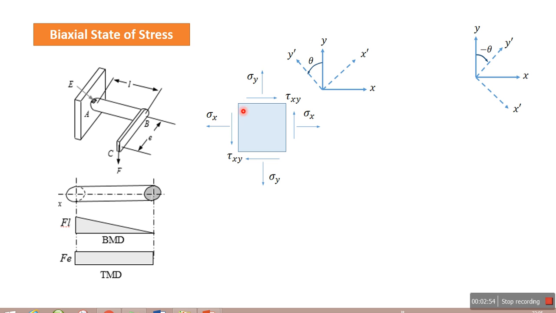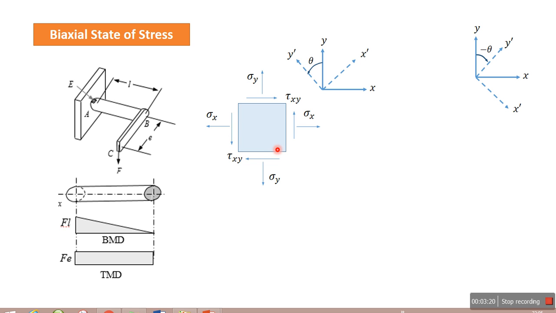So it means there must be a variation in the normal stress within the element, and that normal stress will vary as we move the plane from here to here. So the effect of this state of stress will be different within this element.